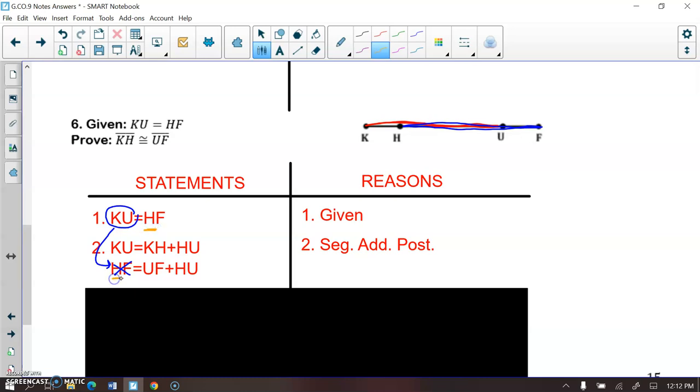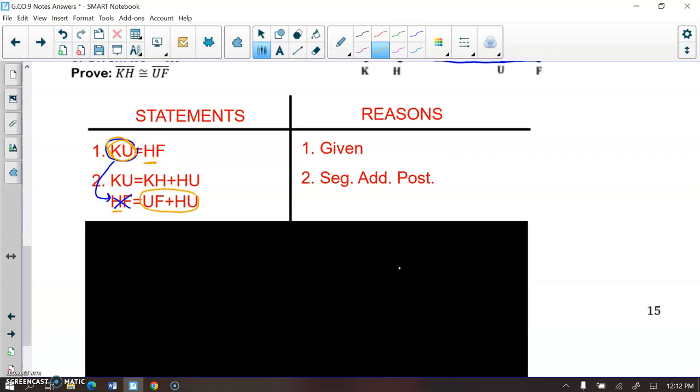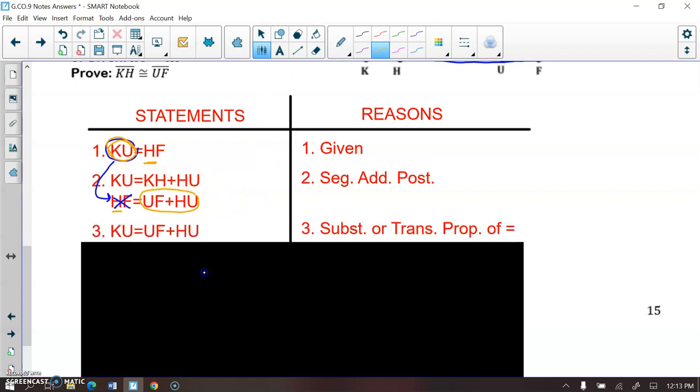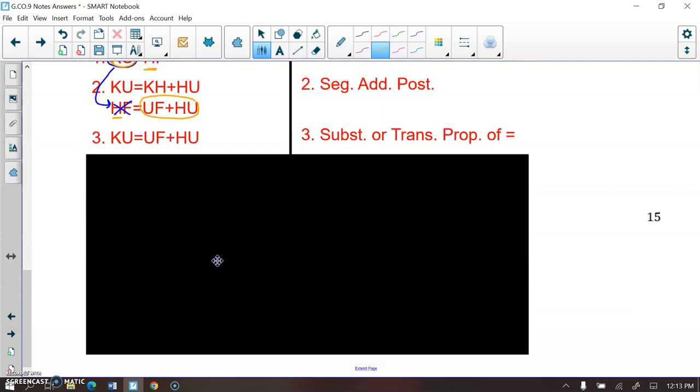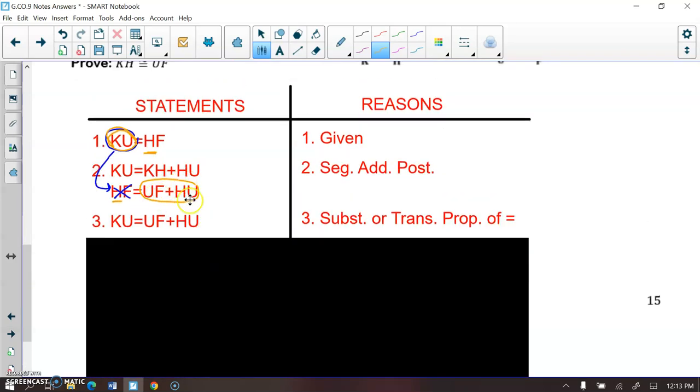Since both are equal to KU and UF plus HU, we can set those things equal to each other. That would be transitive property of equality. It's up to you which reasoning you want to go with. But I'm going to rewrite this top segment. And then, actually I didn't rewrite the top segment, but I just did the substitution or transitive property in here.